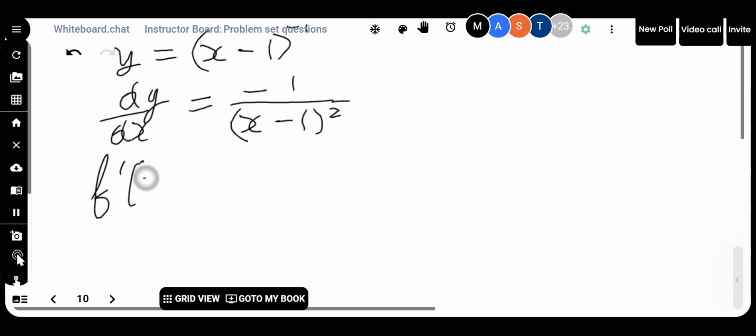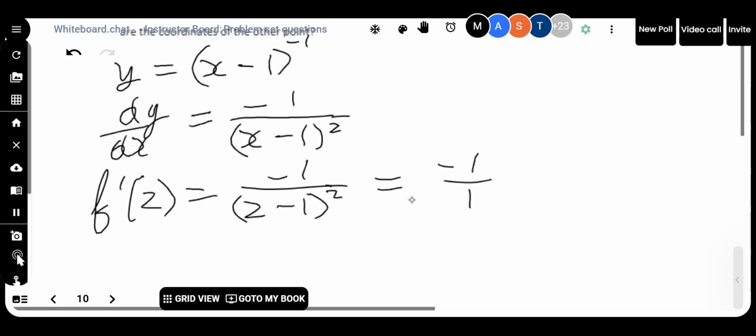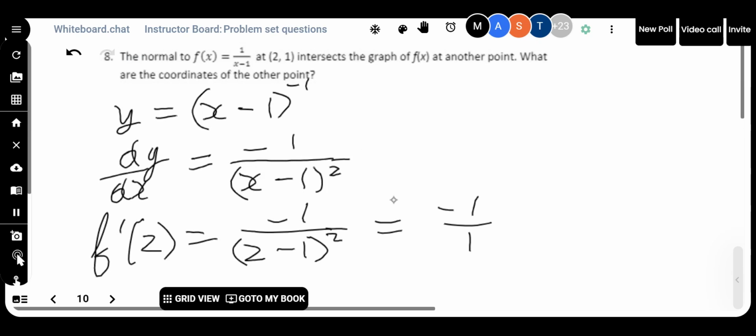F prime of 2 is equal to minus 1 over 2 minus 1 squared, which of course is equal to minus 1 over 1, which is minus 1. So that's the slope of the line at the point (2, 1). At (2, 1), the slope is minus 1.